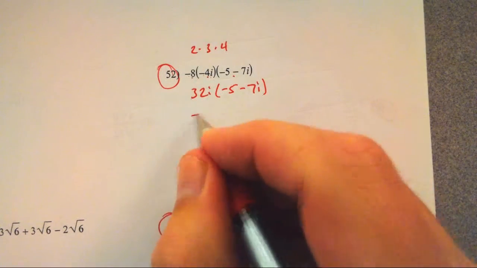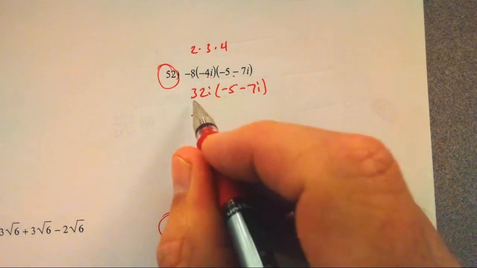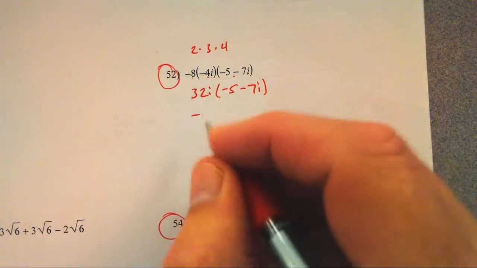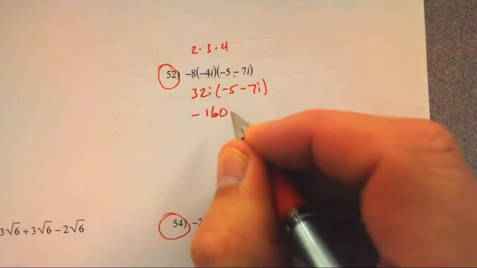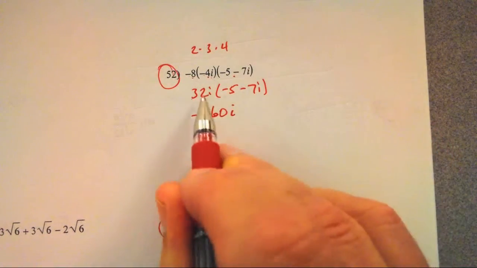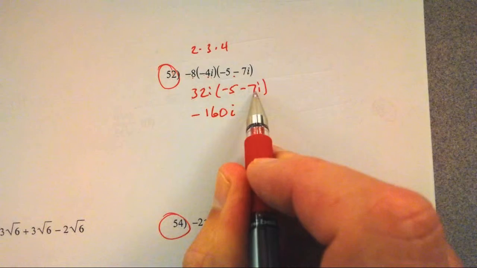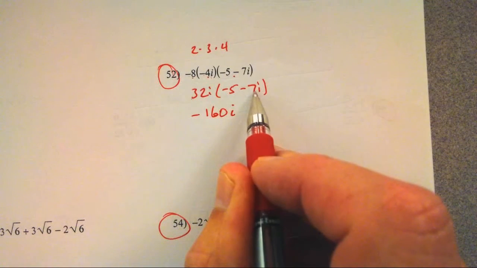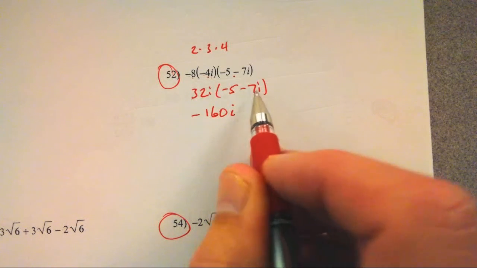Plus times minus, minus 32 times 5, 30 times 5, 150, and 2 times 5, 10. 150 and 10, 160, with an i. 32 times 7, can we do that one in our head? It's 210, we see where that comes from, plus 14. 210 plus 14, 224.